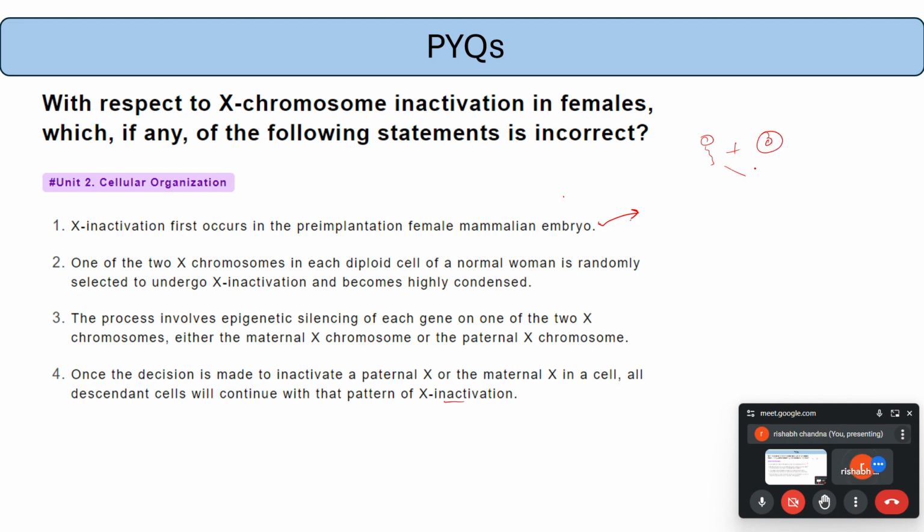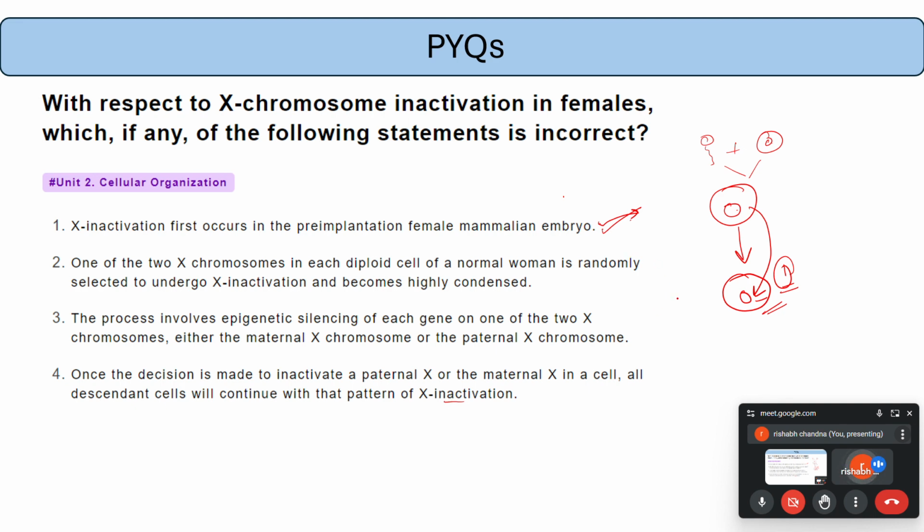When the fusion occurs and a zygote is formed, before pre-implantation of the embryo, it has been decided which X chromosome will be inactivated in these particular cells. So this is the first case where X inactivation occurs, before the pre-implantation of the female mammalian embryo. So this is a correct option.